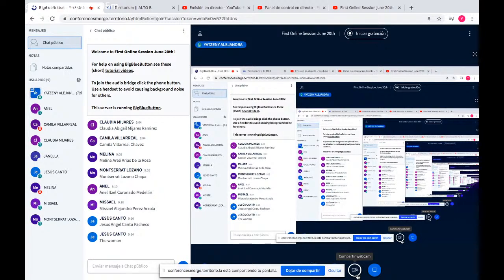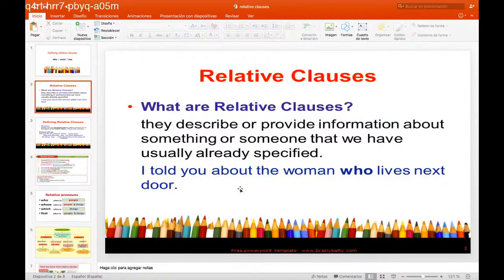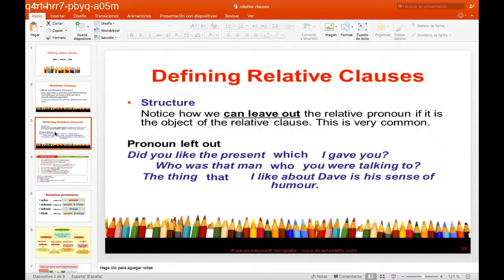Perfect. So when we use relative clauses, we are avoiding repeating the subject. That means that instead of one sentence we have two: I told you about the woman, and the woman lives next door. Instead of repeating the woman, we use the relative pronoun who to make reference to the woman.